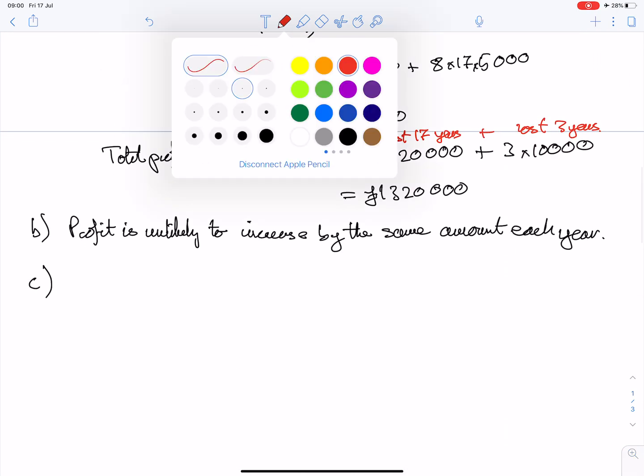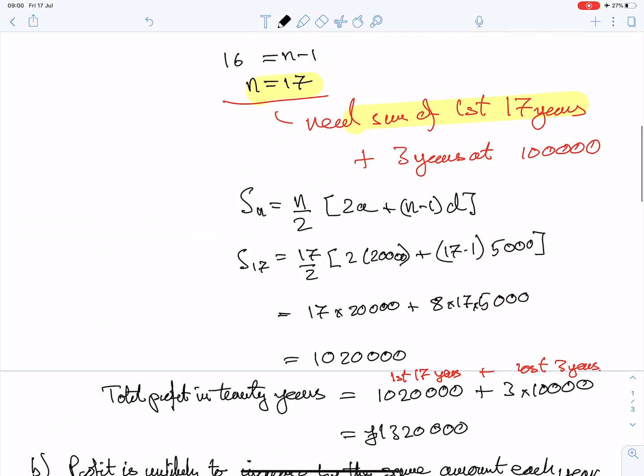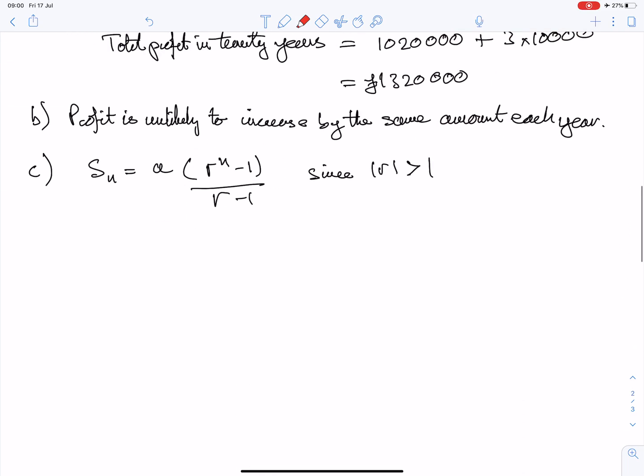So the sum of the first n terms of a geometric series, hopefully we've learnt, is A times R^n minus 1 over R minus 1, since the modulus of R is greater than 1. Well, why is the modulus of R greater than 1? Well, if we come back, I identified up here that our multiplying factor for percentage increase was 105 over 100. So R is going to be equal to 105 over 100.